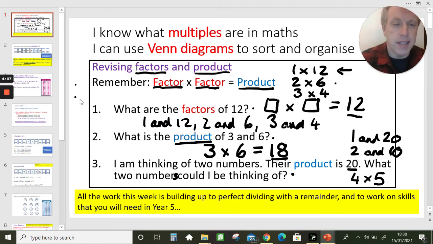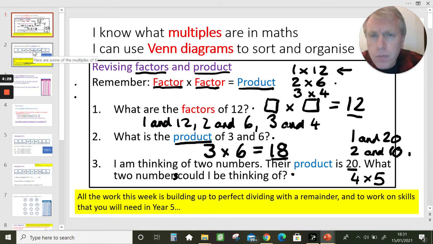It's not on the 6s, 7s, 8s, 9s, the 10s, but we've done that one already. Those are the 2 numbers I could be thinking of. I could be thinking of 1 and 20, or 2 and 10, or 4 and 5.